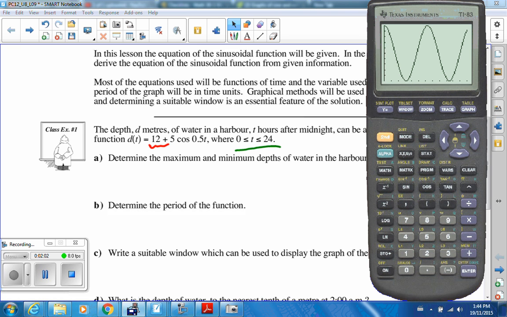Maximum and minimum, I could just look at these things off the graph. I could go second calc, max, left bound, so I went a little bit to the left of there. And now it should tell me my max is 12.56.